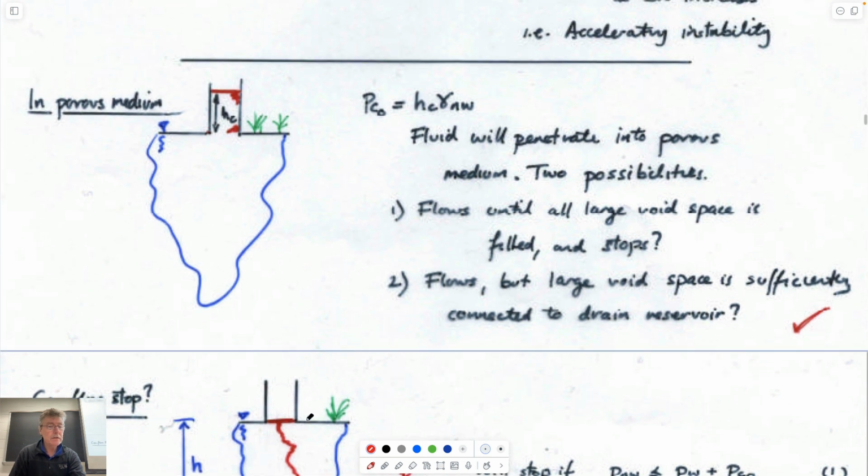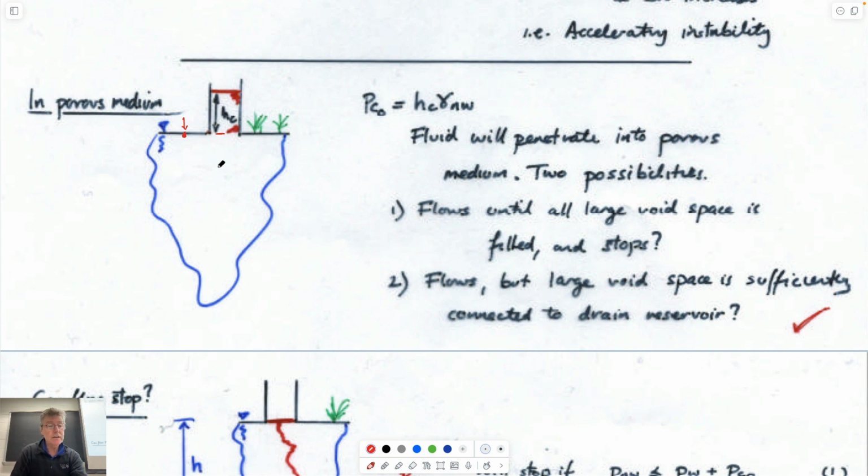But the countering argument to this is that if you look at this geometry, say this is a 55-gallon drum that's sitting on the surface, and the water table is present at the surface, we know that the pressure here is atmospheric, and we know that the height of this is enough to be able to overcome this atmospheric pressure.